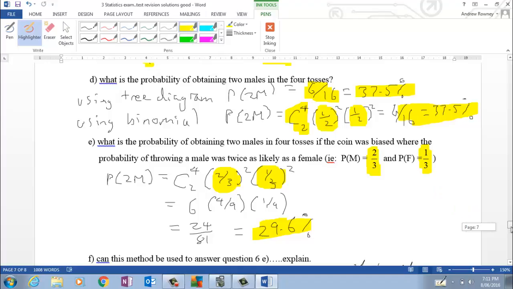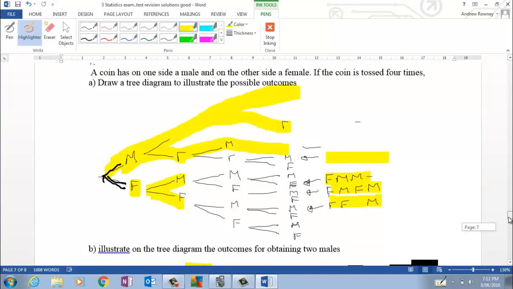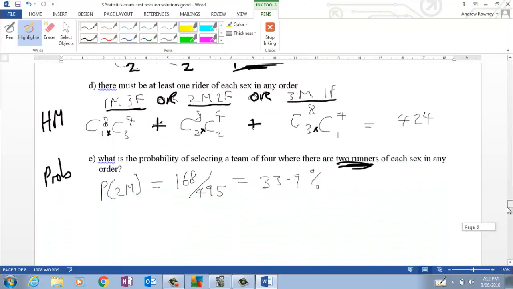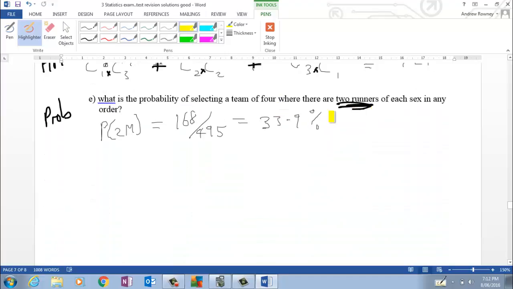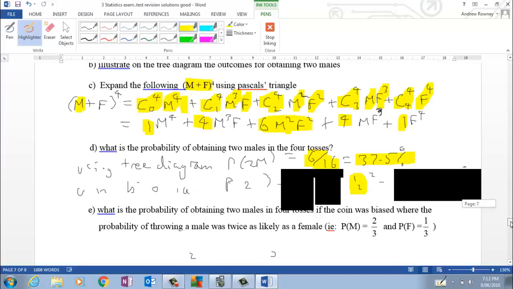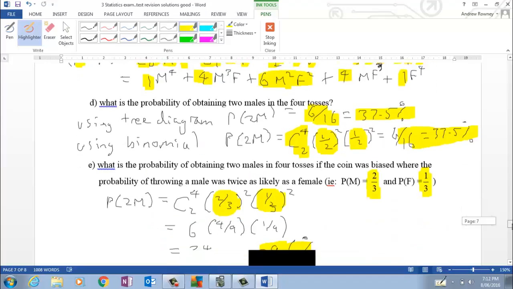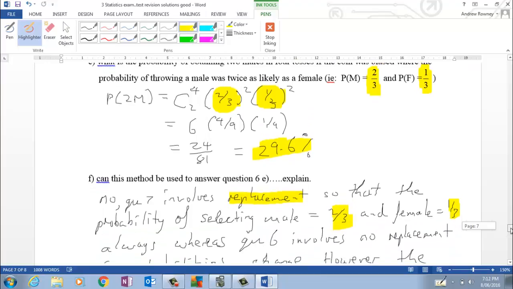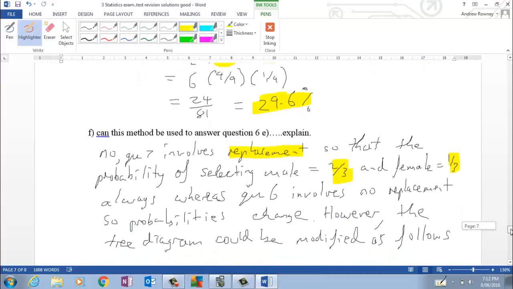But 29.6 doesn't match up with what we got back in question 6, because the probability that we worked out for a team of 4 with 2 runners of each sex was 33.9%. So can this method be used? Well, clearly it can't, but we can actually fix it up.